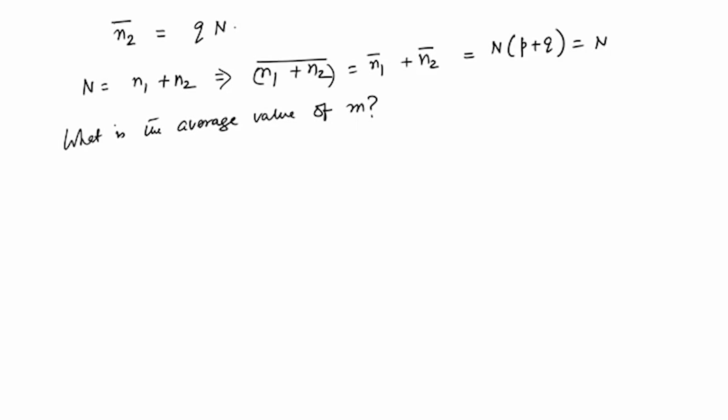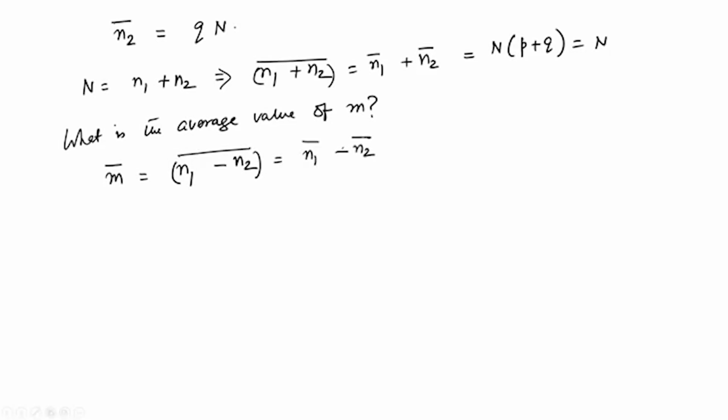This m is nothing but n 1 minus n 2, so the average of the difference is the difference of the averages.